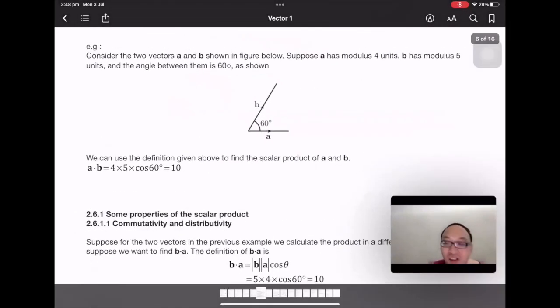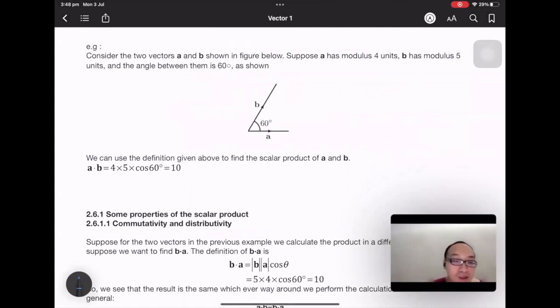For example, consider the two vectors A and B shown in the figure below. Suppose A has modulus 4 units and B has a modulus, the magnitude, of 5 units, and the angle between them is 60 degrees as shown.